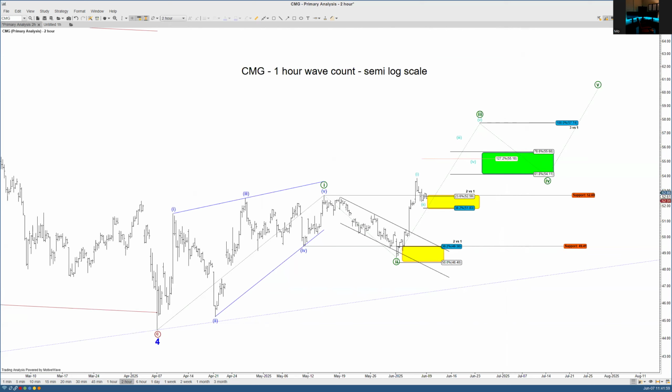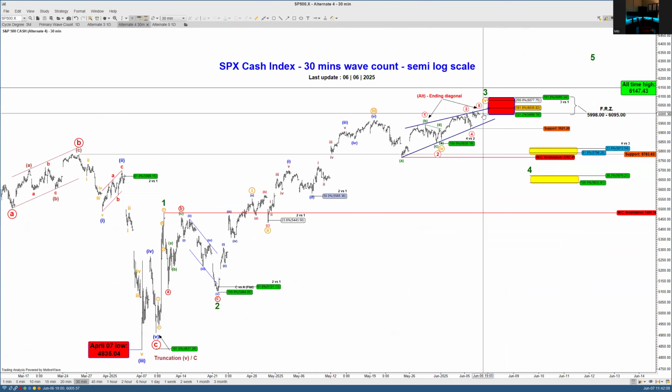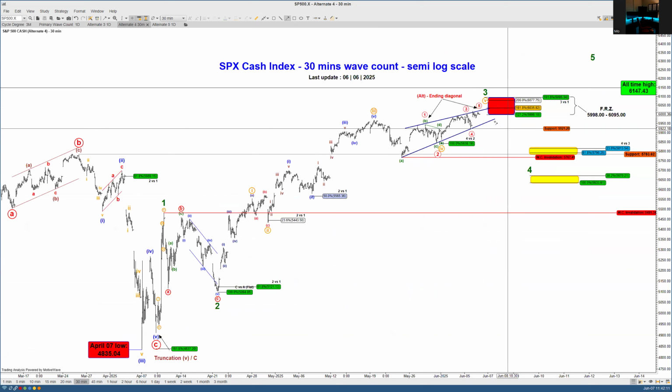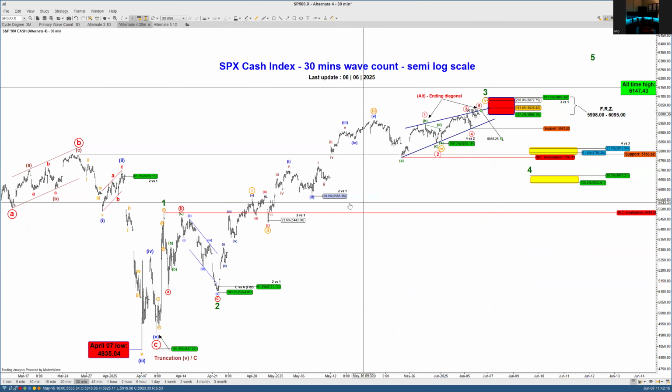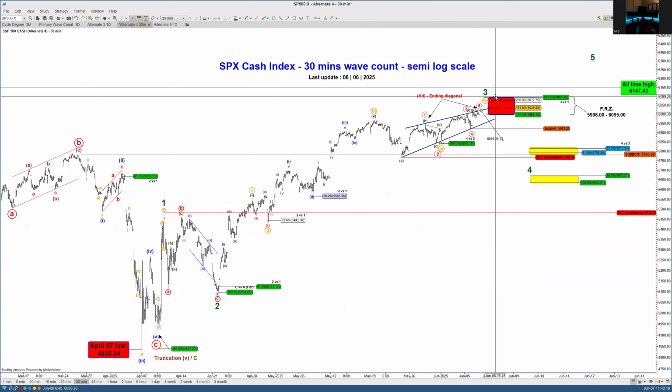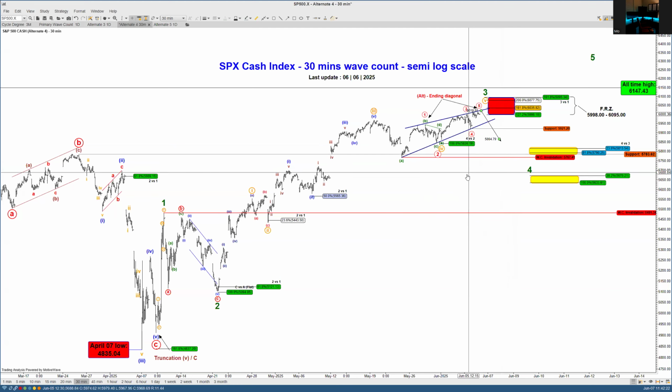Diagonals usually retrace back down because they form at the bottom with five and then three down. Ending diagonals have a sharp reversal to the downside, because price just exhausts itself and runs out of gas. There's nothing for it to run on.